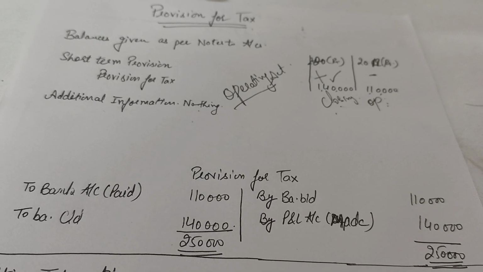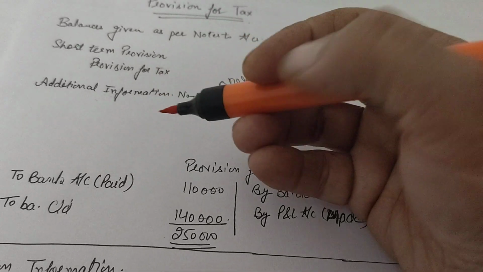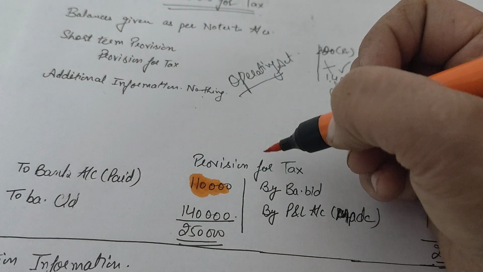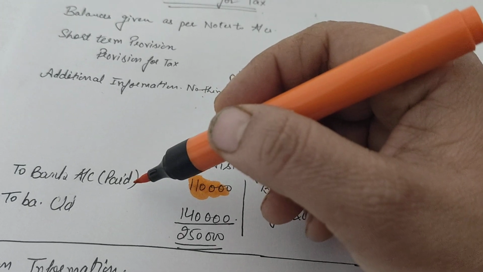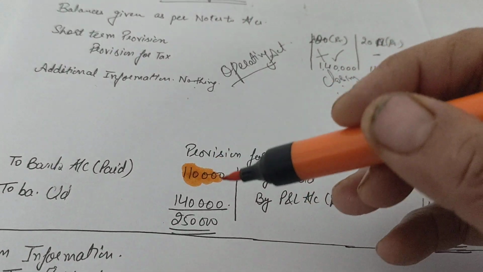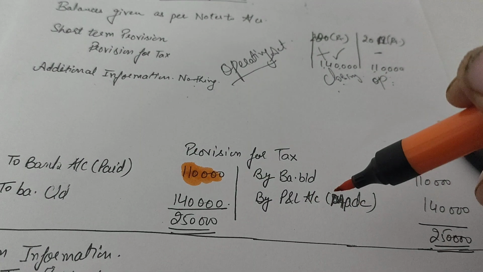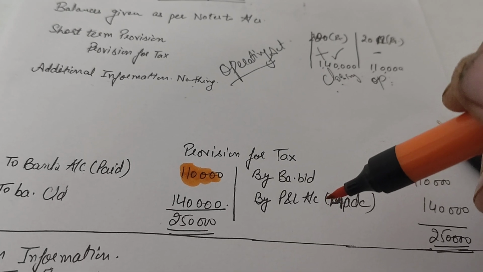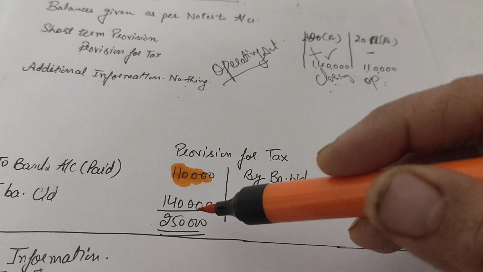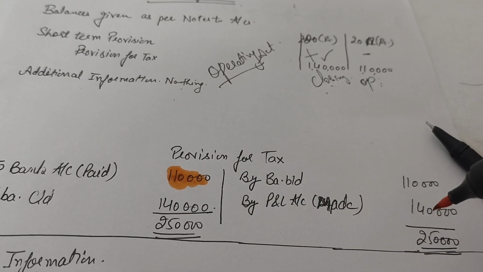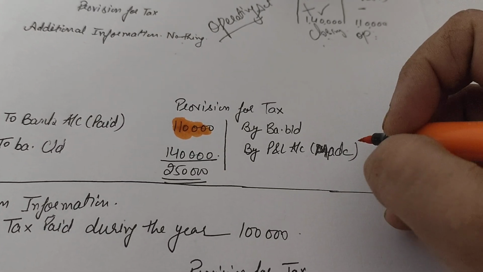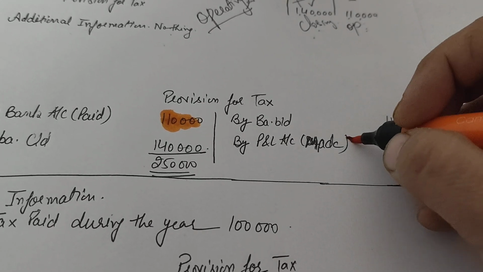Now this 1,10,000 balance will become the paid value to bank. When you make a payment of the tax, it becomes provision for taxation account debit to bank account. So opening balance becomes the paid value, and closing balance becomes the P&L value, that is the provision made during the year for the tax. So how much was the provision made? 1,40,000 here, right? So this provision made would be added to which activities?